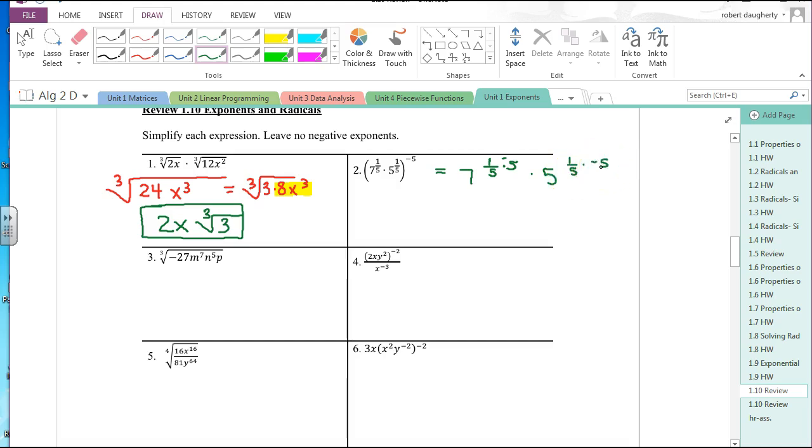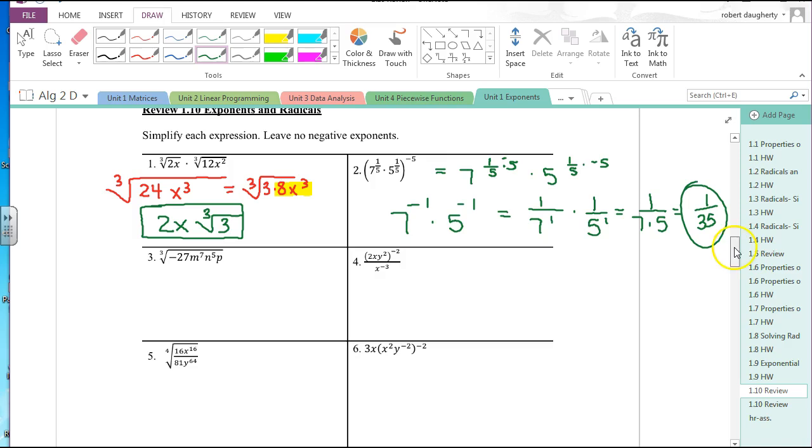So 1/5 times negative 5, that's negative 1. So this is 7 to the negative 1 times 5 to the negative 1, which is 1 over 7 to the 1 times 1 over 5 to the 1. That is 1 over 7 times 5. That is 1 over 35. Okay?